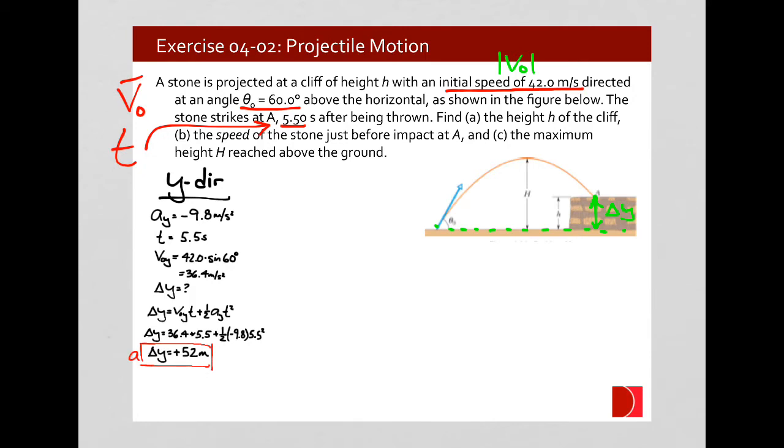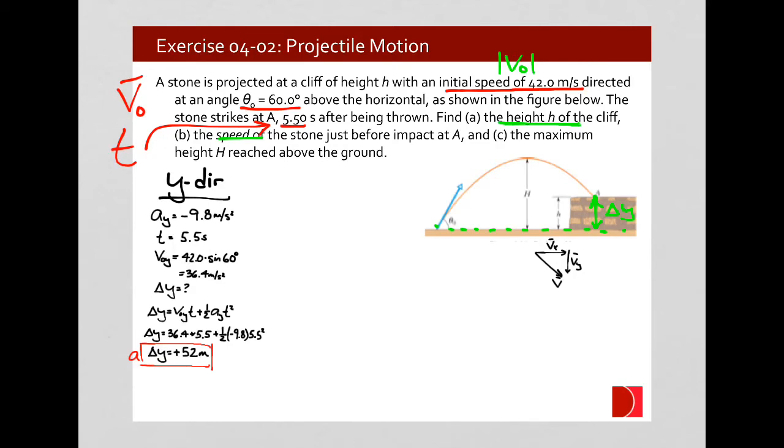The next thing we're being asked, after the height, is the speed of the stone just before impact. Now here, if we have motion in multiple directions, then the speed is the magnitude of the velocity. And your velocity has an x component and a y component.